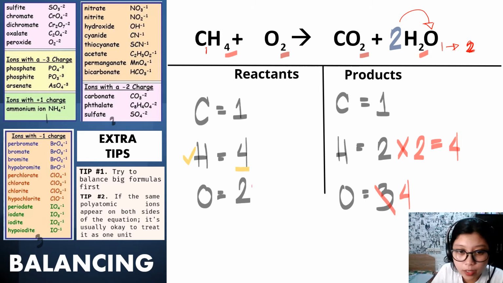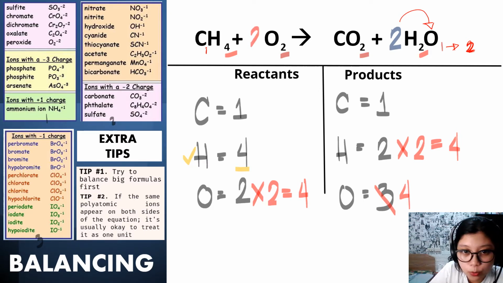We will multiply 2 by 2 again to have the same number of atoms of 4. This time, both oxygens are now equal. Since we multiplied our oxygen in the reactant side by 2, then we will place number 2 right before the chemical formula O2.